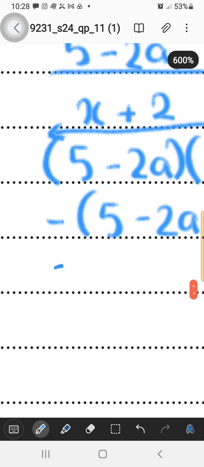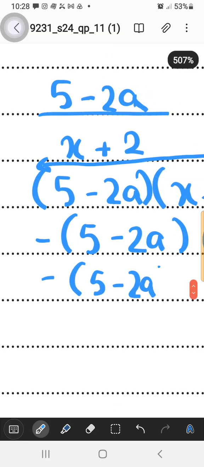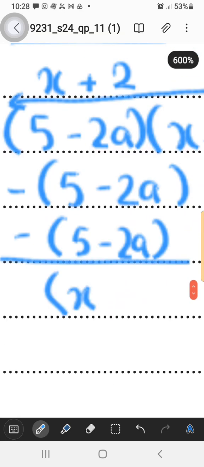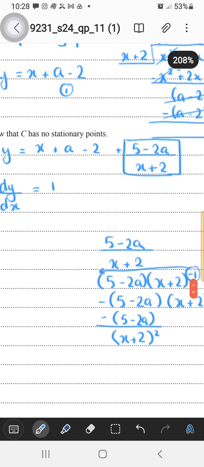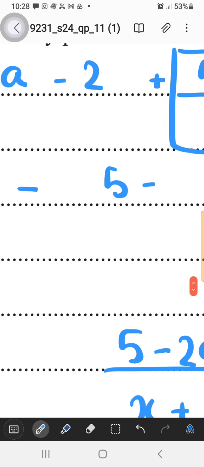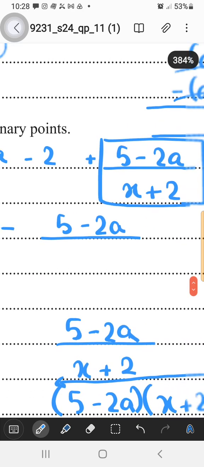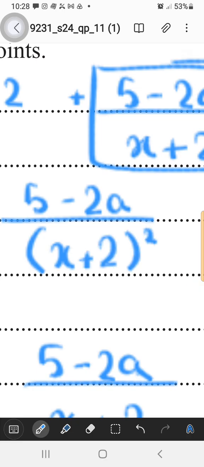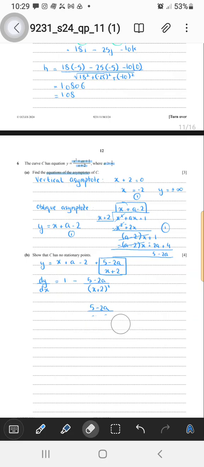So we can write it as minus 5 minus 2a upon x plus 2 whole square. So this is the differentiation. I hope you get the differentiation.